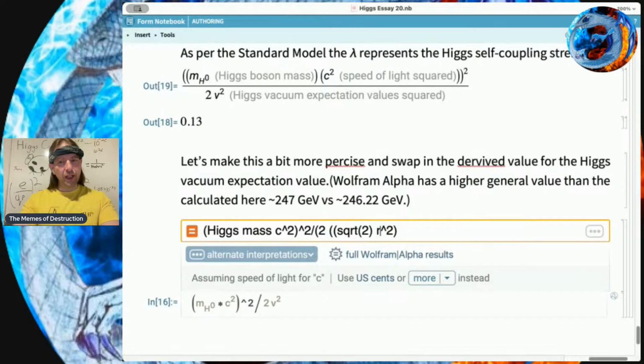Then we need the reduced Fermi constant. And we need to raise that to the inverse square root. All right, boom.